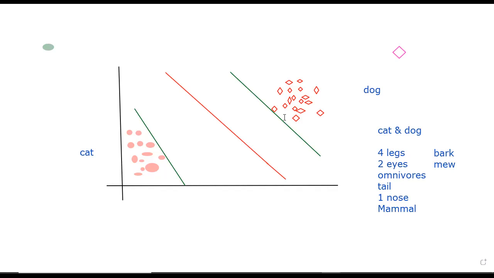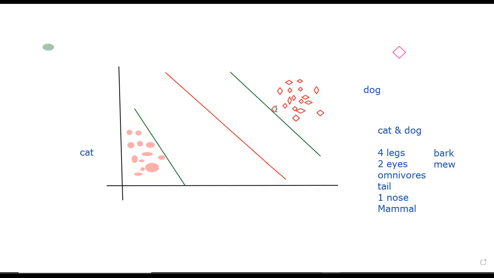So suppose any data point which is very extreme, at the very end, is classified into the dog category by some features. So extreme data points are those having features similar to both categories.